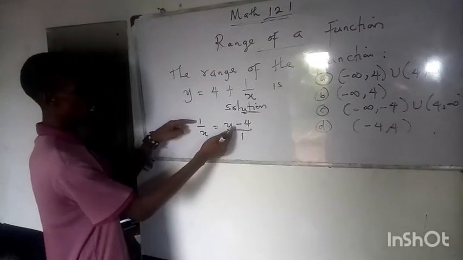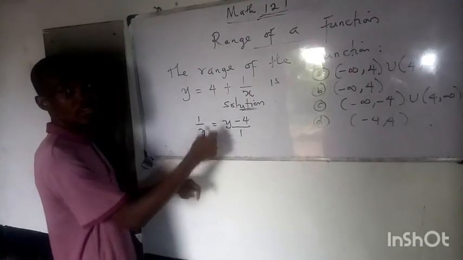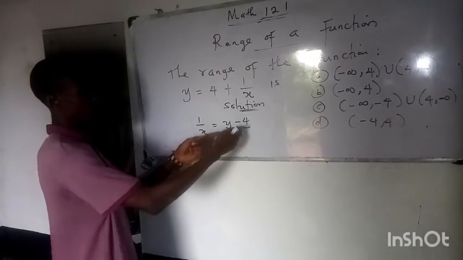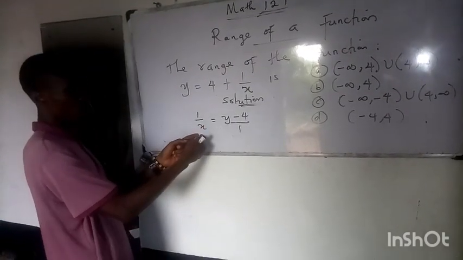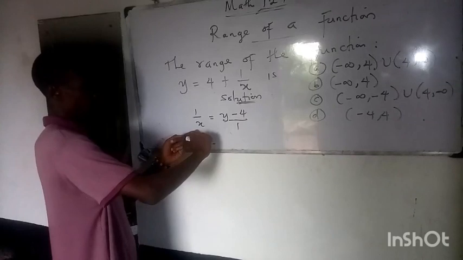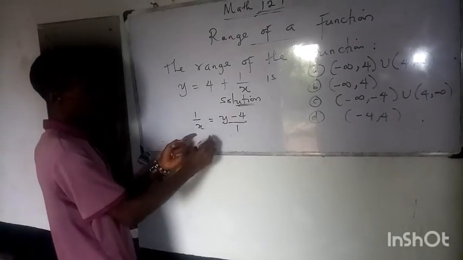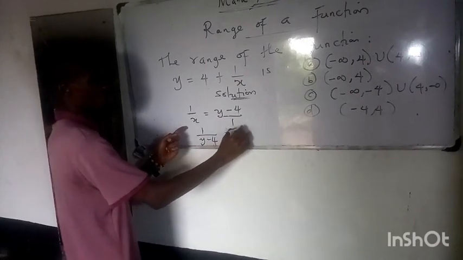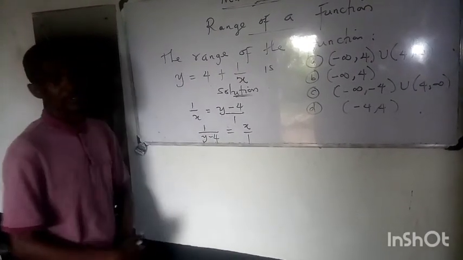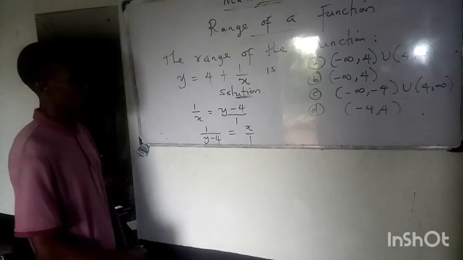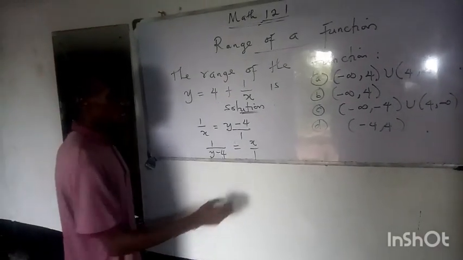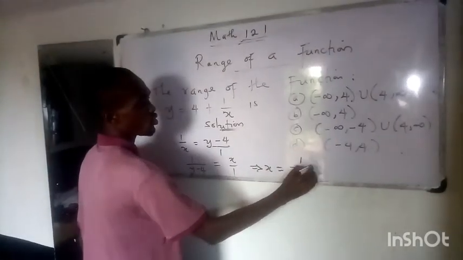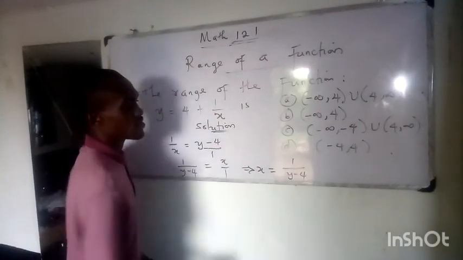If we take the inverse of these two, or if you like, you cross multiply, bringing your y minus 4 to this place and your x to this other place, you should have 1 over y minus 4 equal to x over 1. So at the end of the day, we should be having x equal to 1 over y minus 4.